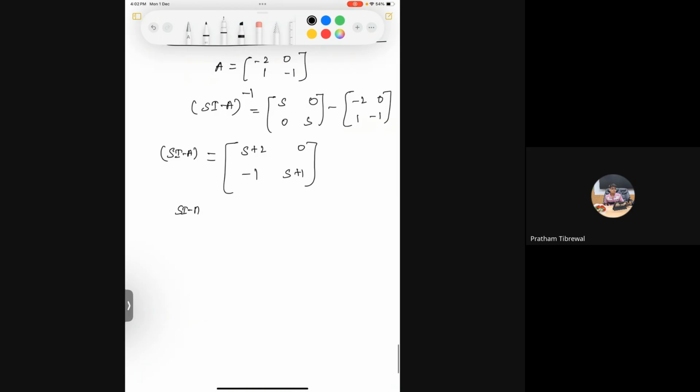For sI minus A, the whole inverse, first we have to find the determinant. It is 1 by determinant, right?